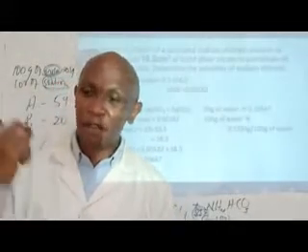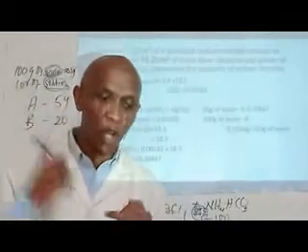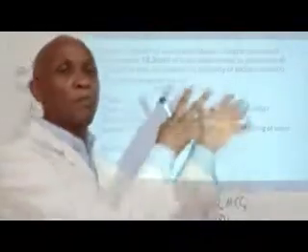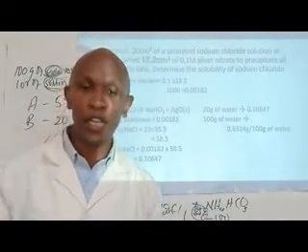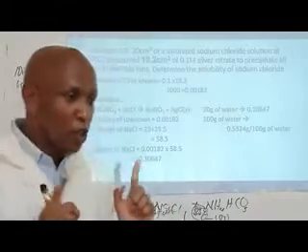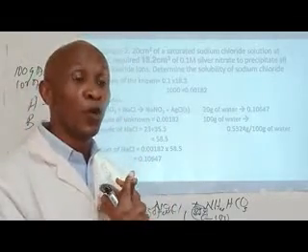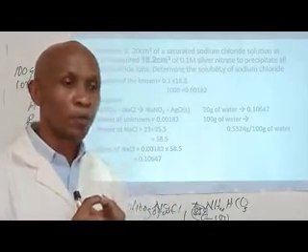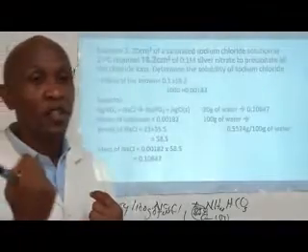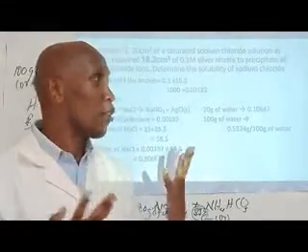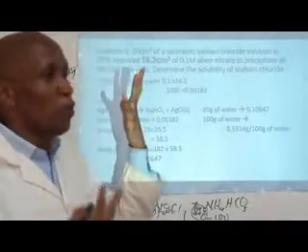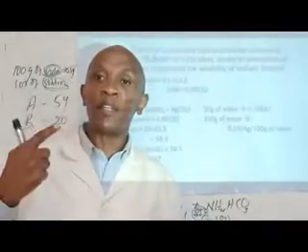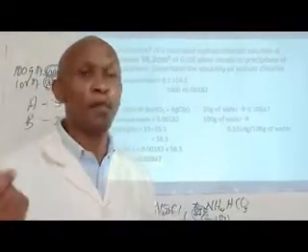Now, whenever you have a reaction taking place, there is always going to be a three-step approach. There, you will identify a known, then get its moles. When you read the question, you ask yourself, what is the question about?